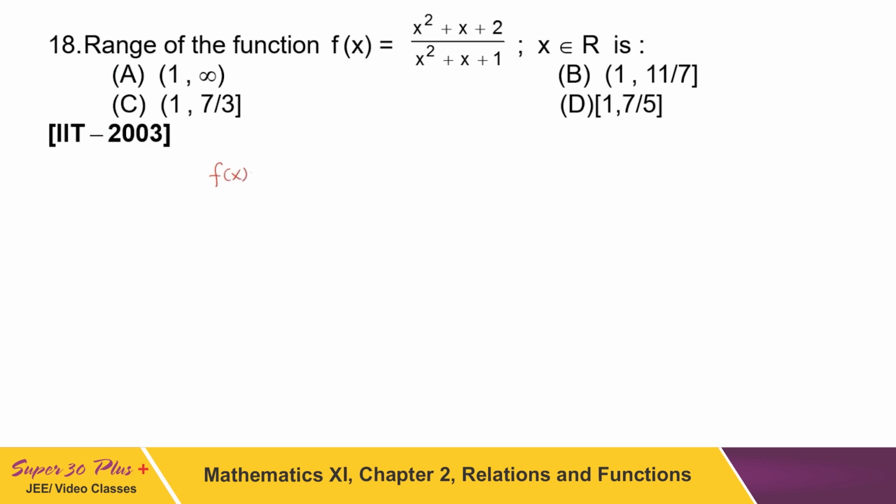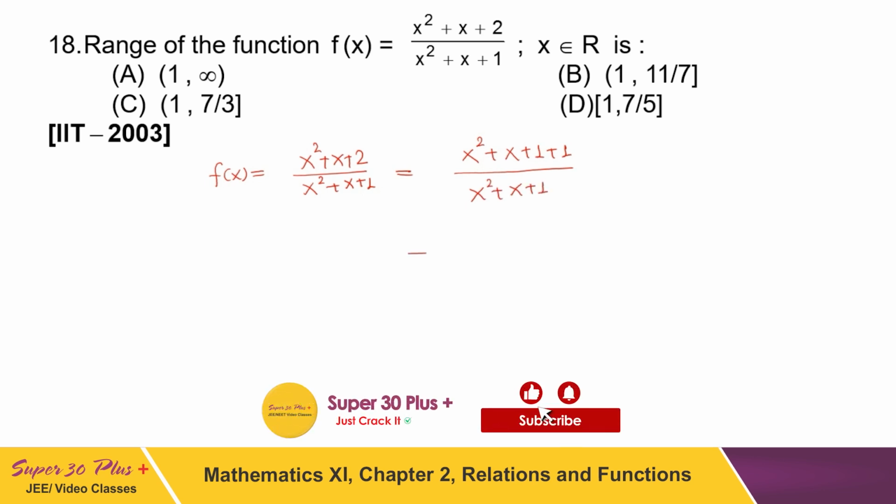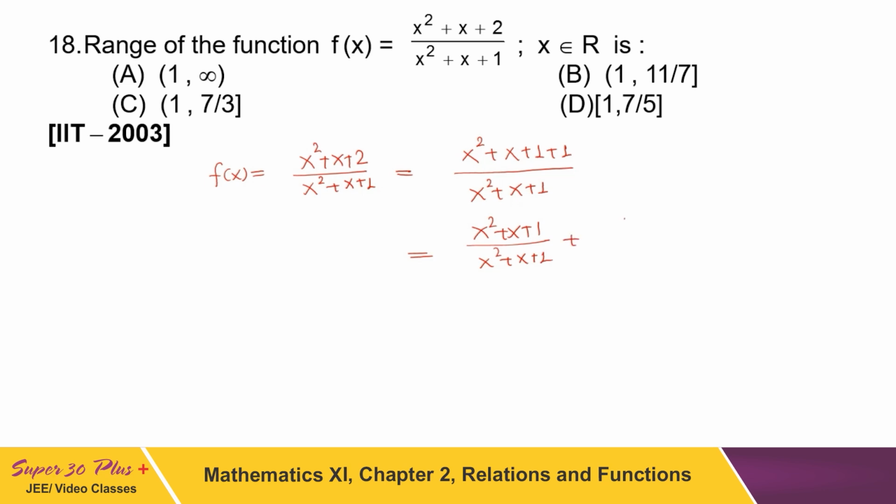We can write this function like (x square plus x plus 1 plus 1) upon (x square plus x plus 1). Now dividing it, f(x) will be equal to 1 plus 1 upon (x square plus x plus 1).